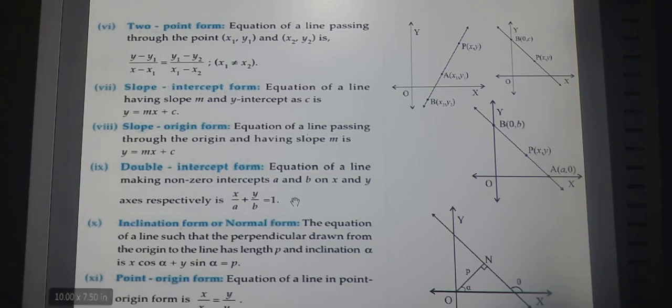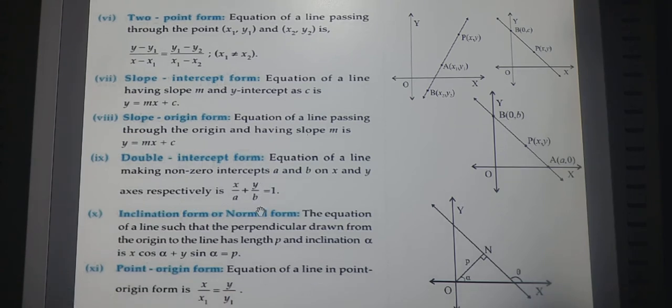So its double-intercept form is x by a plus y by b equals 1. So the equation of a line making non-zero intercepts a and b on the x and y axes respectively is x by a plus y by b equals 1.